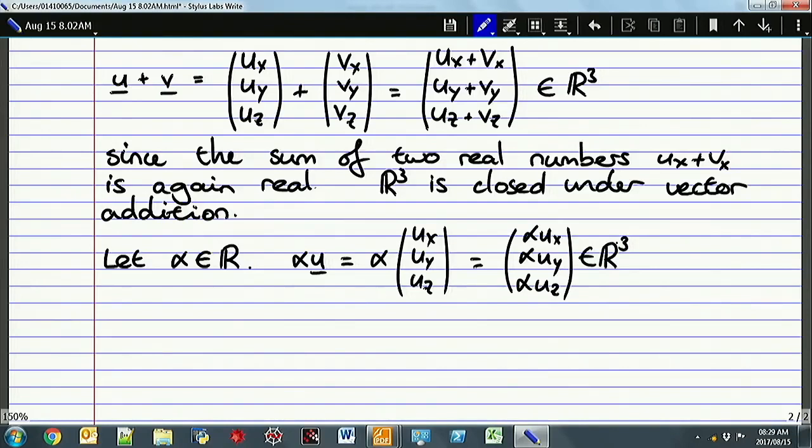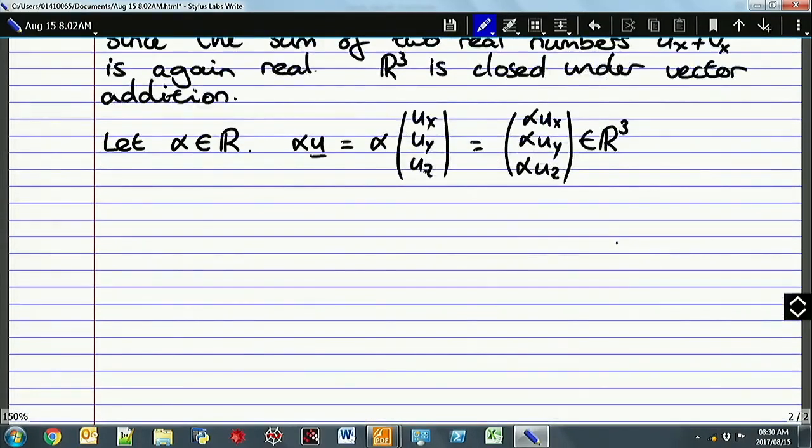Write something down explaining why this is closed under scalar multiplication. Okay, so why is this thing an element of R3?